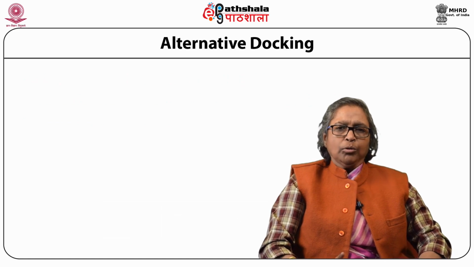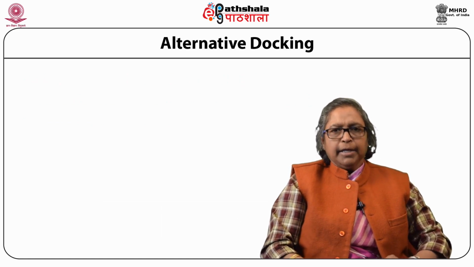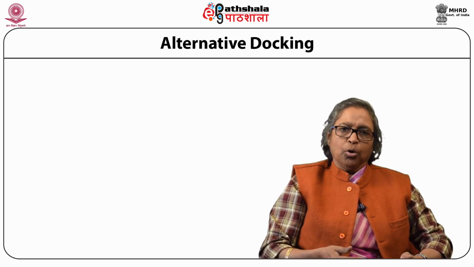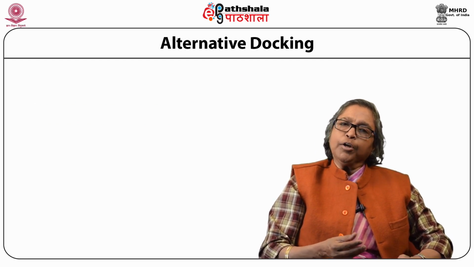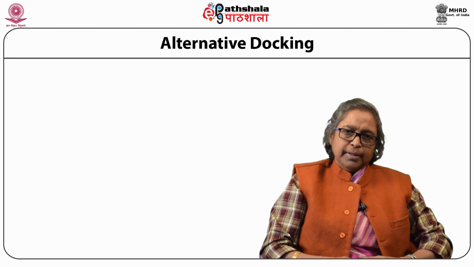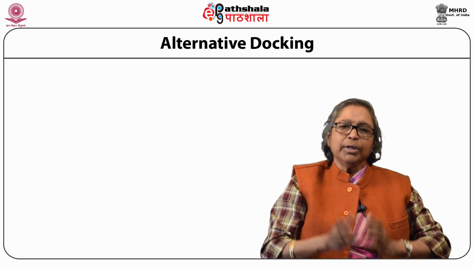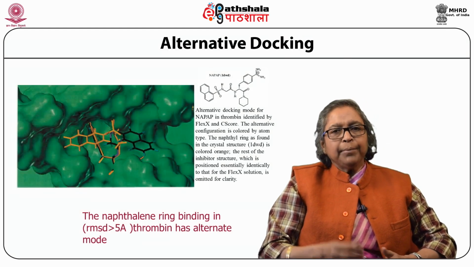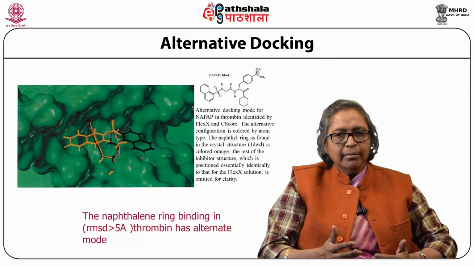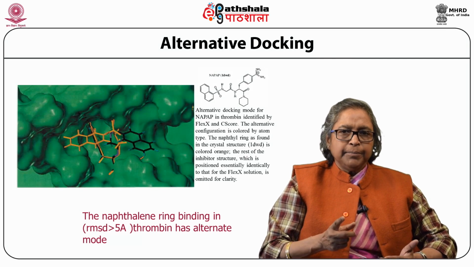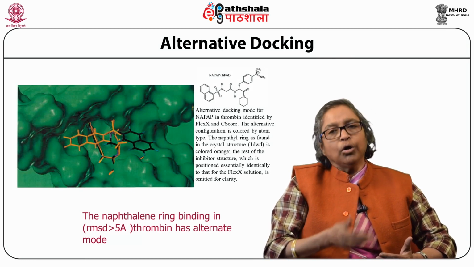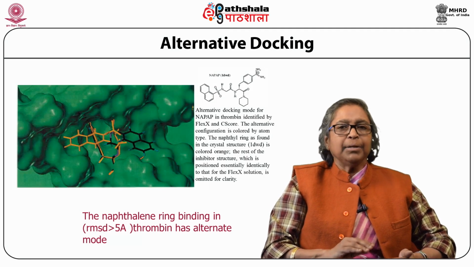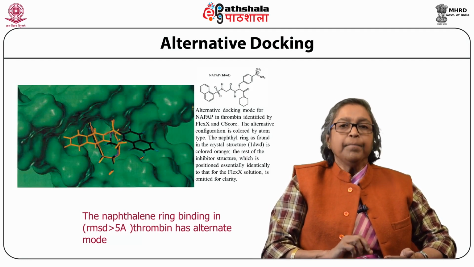Now I'll talk about how sometimes in the protein structures and the compound which is docked, there could be a possibility of alternative docking, which is shown in two case studies. The first one shows a naphthalene binding to thrombin, and the orange color is what we got using FlexX docking, which is highly stable and a very good binding.